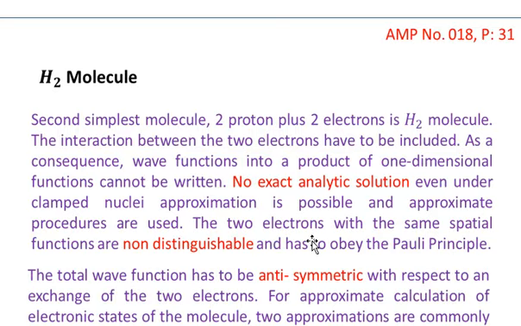The two electrons with the same spatial functions are non-distinguishable and have to obey the Pauli principle. So you see that we cannot distinguish between the two electrons, because both have the same spatial function; they are indistinguishable, and they have to obey the Pauli principle, that is, the electrons must have antiparallel spins.